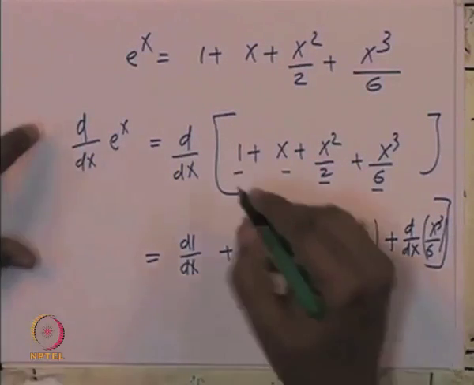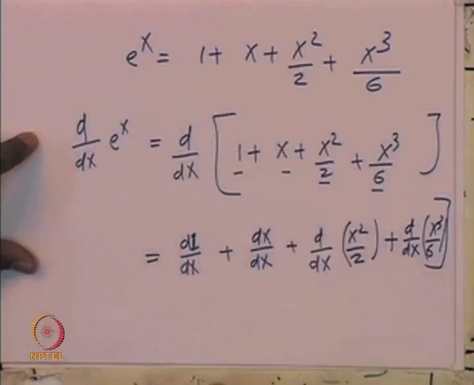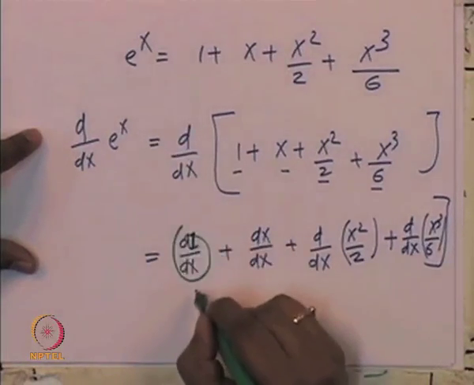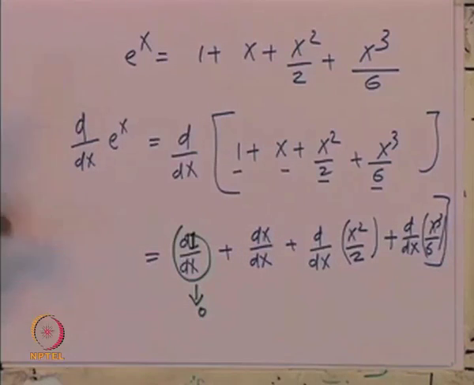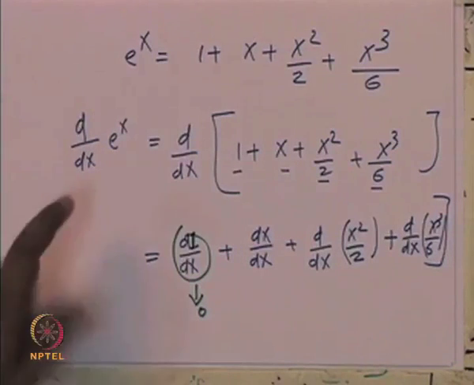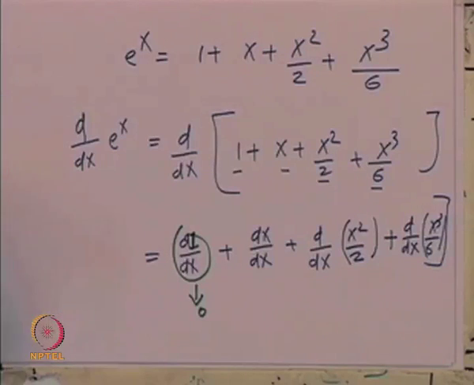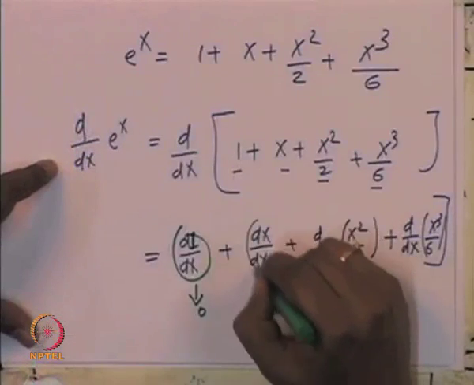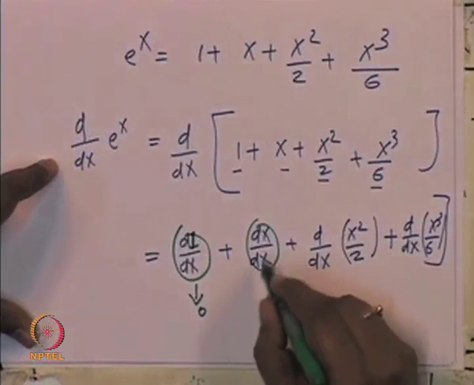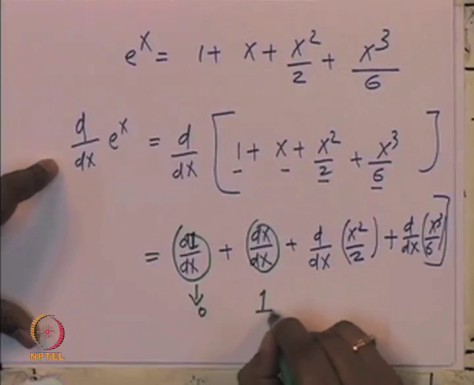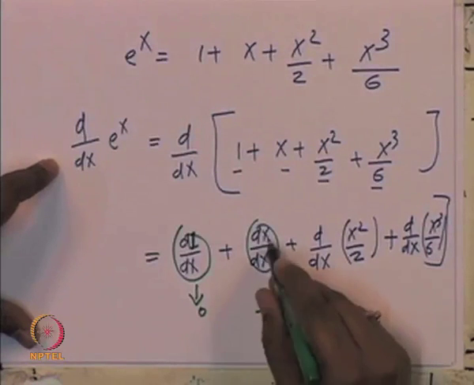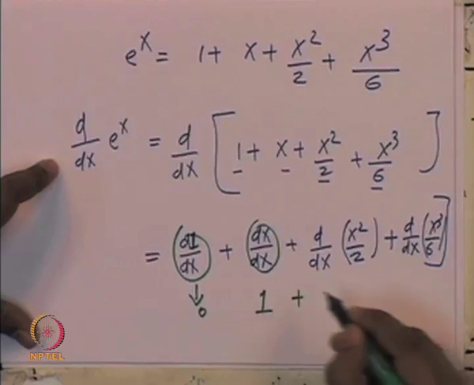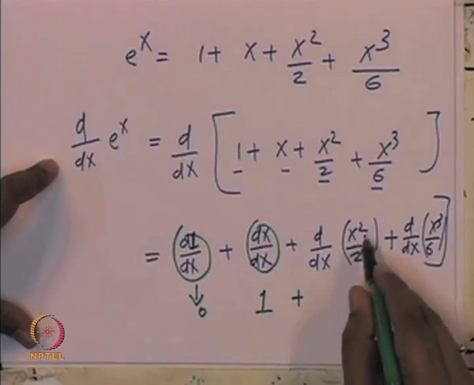Now, d1 by dx is 0, because 1 is a constant, just like we did before. The change in 1 is 0, because 1 cannot change. Now, the second function, dx by dx is 1. So, the derivative of x is 1.